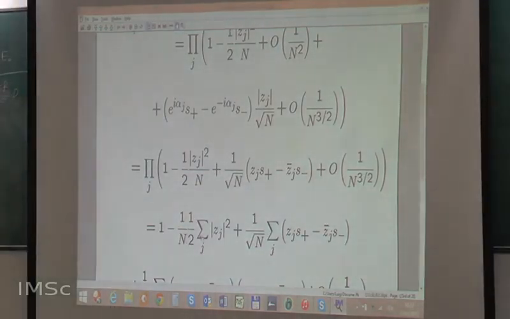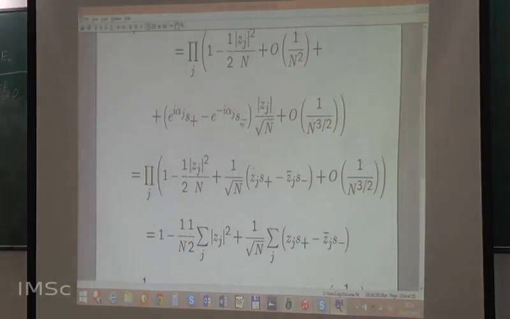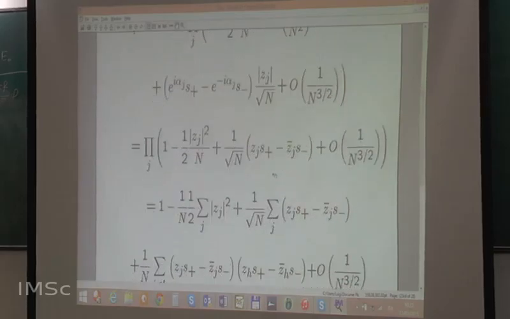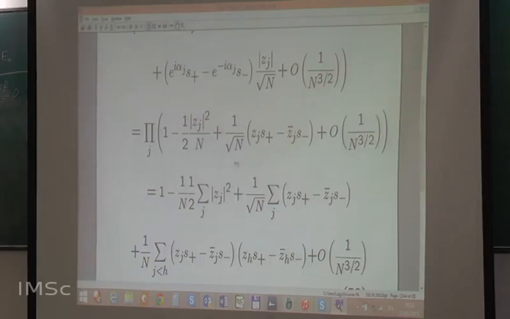Similarly, the term here will survive. But you see, here, when I take the product, since it is square root of n, I must take the product of 2. And you begin to see the covariance building up. Okay?